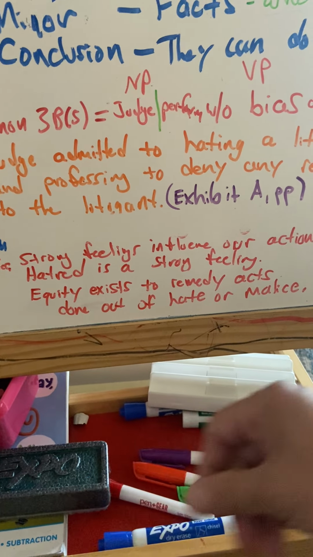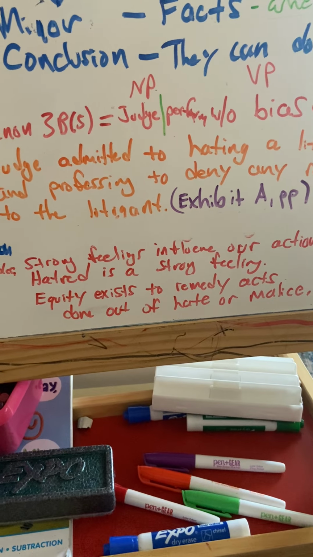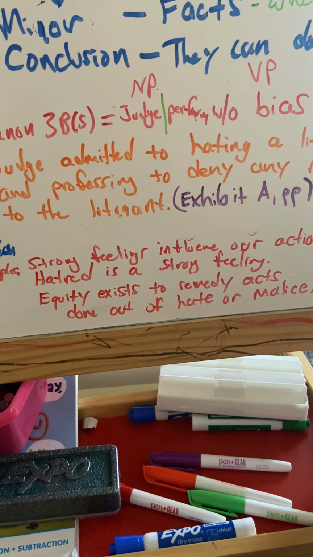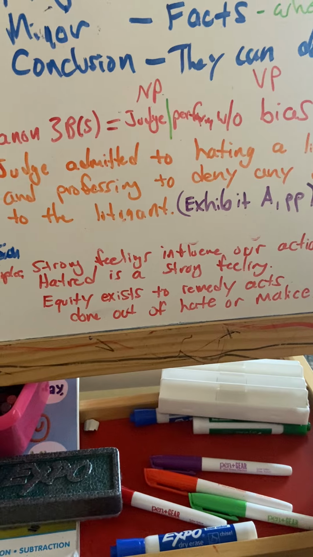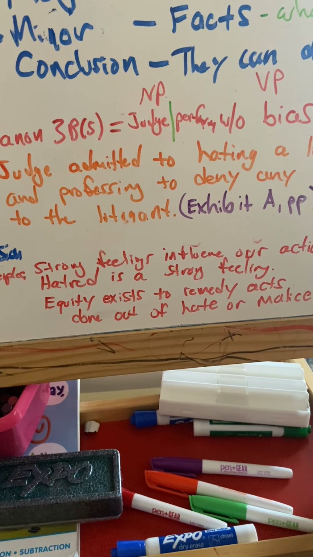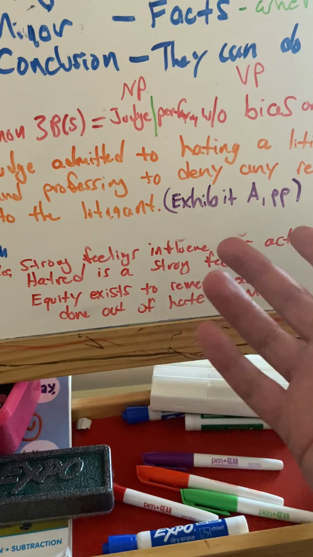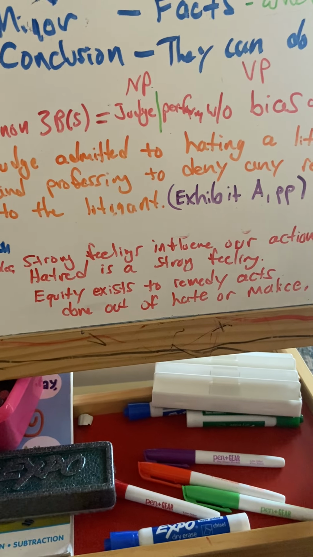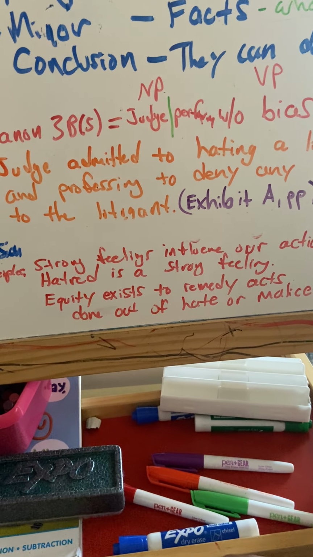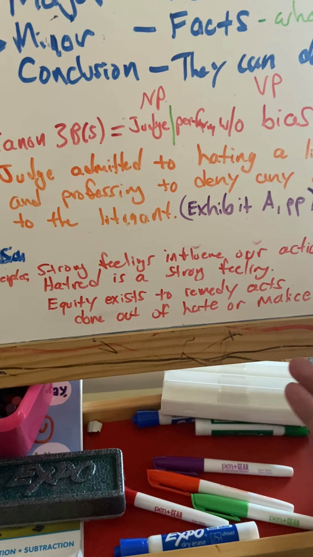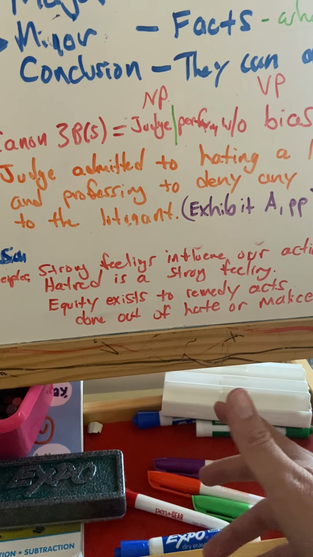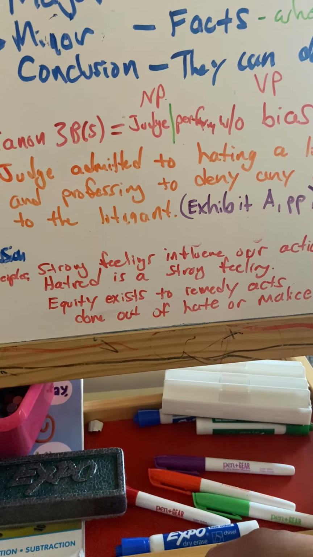All religions pretty much have a Ten Commandments type thing, do's and don'ts, rules of society, so to speak. Equity is basically that. No matter what society you go to, they all have some sort of equitable rules. They're called maxims of equity.